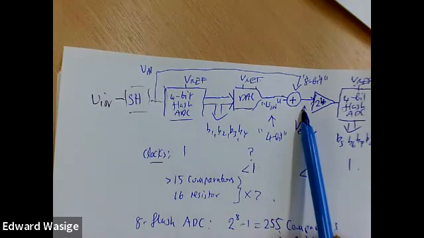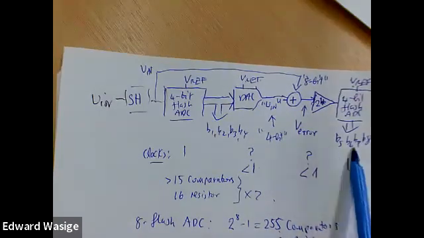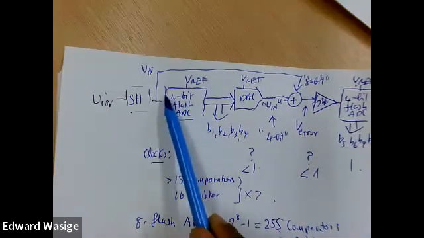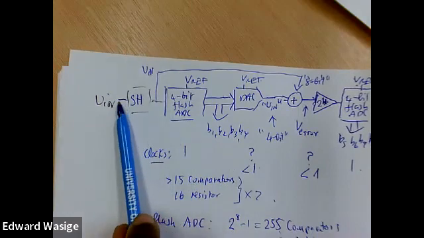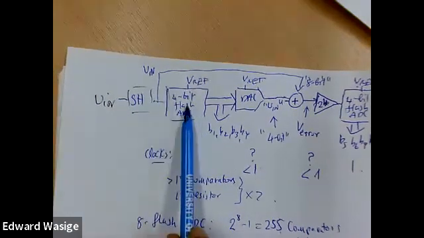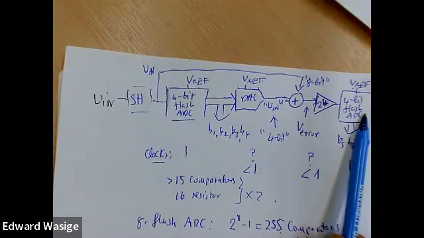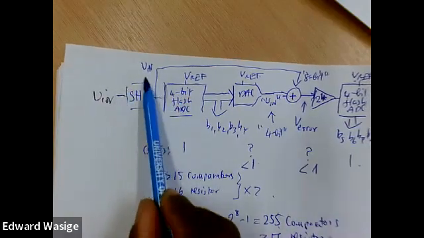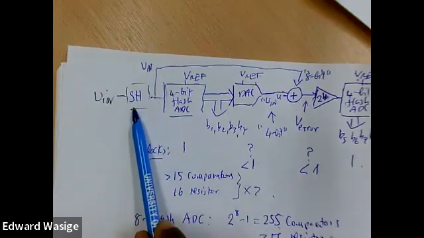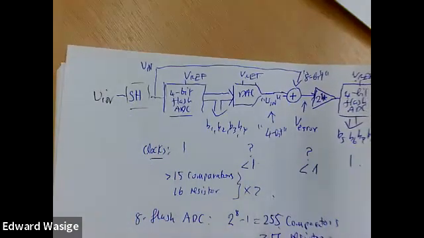That difference we use to determine the final 4 bits. So once we've sampled the signal, we need to hold it until the conversion is complete, until we have all the 8 bits. And so we need a sample and hold circuit at that point.